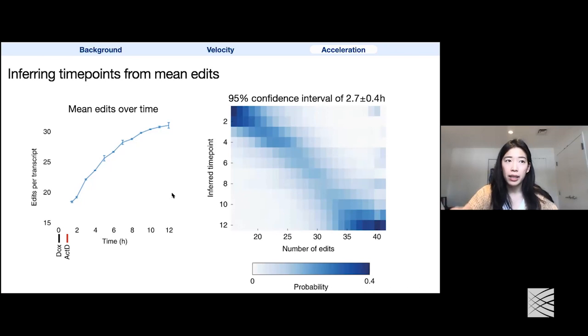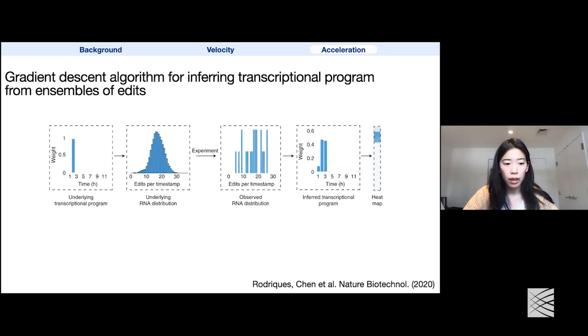The mean edits doesn't give you as much information as comparing to the entire distribution, which has a lot more information. And so the next step is, instead of just comparing one timestamp, what if we compared multiple and their distribution to the calibration curve?